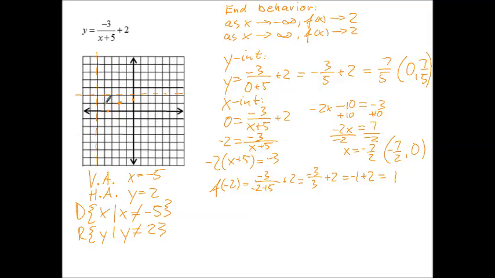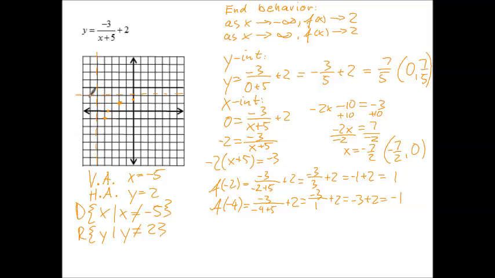And then I'm going to move a little closer to our vertical asymptote, and I'm going to pick f of -4, which is going to be -3 over -4 plus 5 plus 2. -3 over 1 plus 2. -3 plus 2 is -1. So at -4, we get a y-coordinate of -1, and that gives us this point. So we're pretty good for this part of a hyperbola, but we also need the other part.